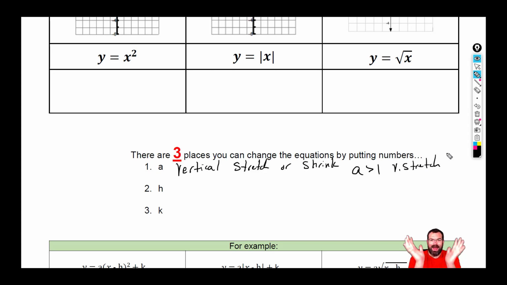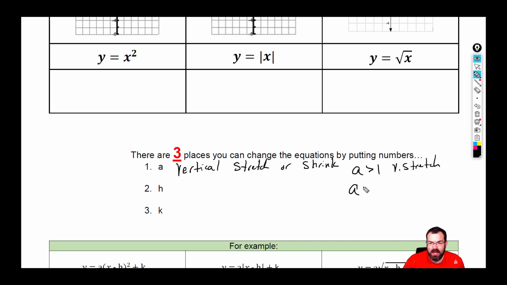That means the graph, so this is our general absolute value graph, if I have a bigger than 1, that means the graph is going to be skinnier. We're stretching it long ways. We're stretching it vertically.